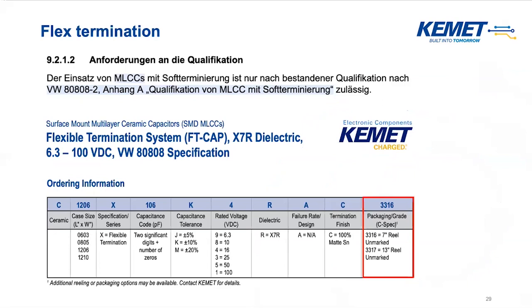And that is what we have also offered in the past for 2 or 3 years. And it's very important, if you order that, that you add the C-spec in this red rectangle, the 3316 and the 3317, because otherwise you get something but not parts that are according.